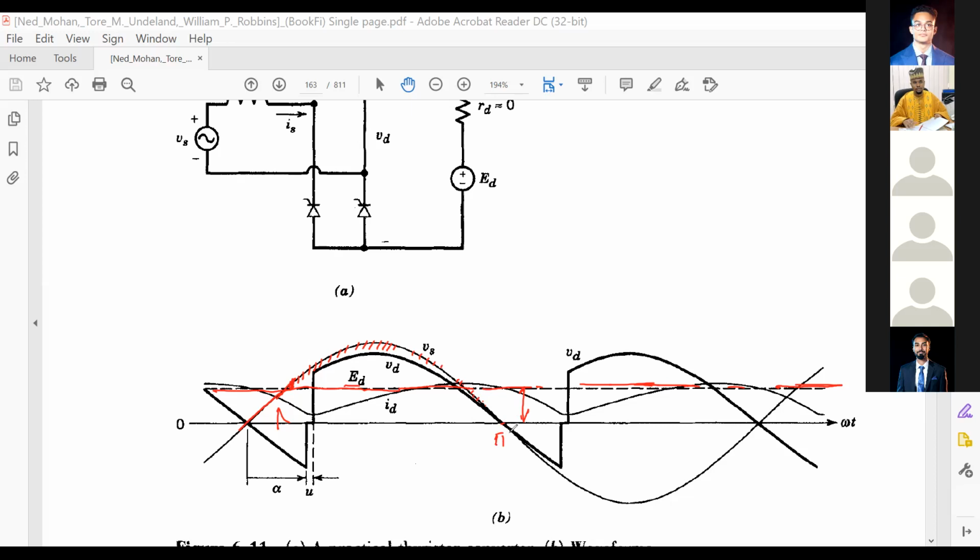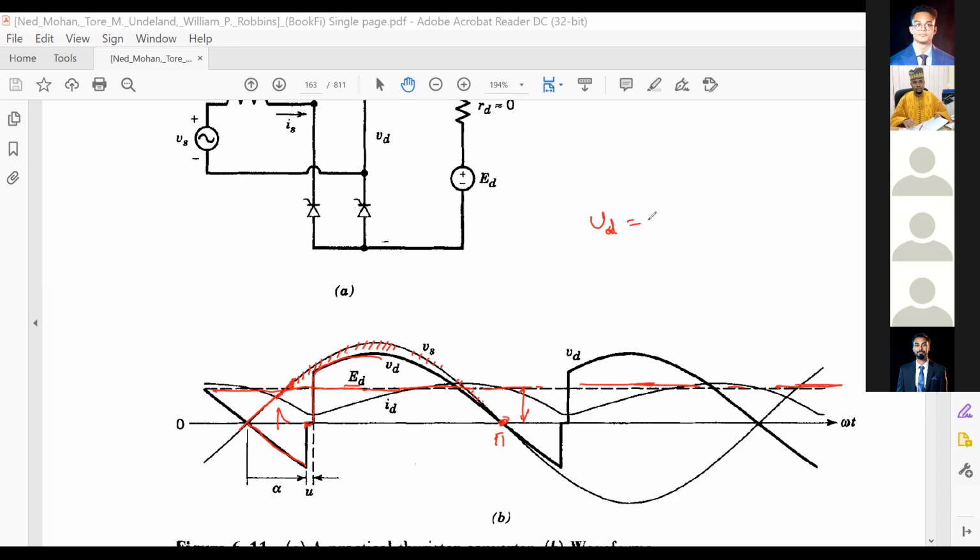So now we have applied, so the output voltage will be like this, and then we have applied the firing pulse here, and of course your VS is greater than your ED. Then there will be a commutation delay here, and when there is commutation, there will be no voltage, and then it should follow the VS, but it will not be equal to your VS. Why?